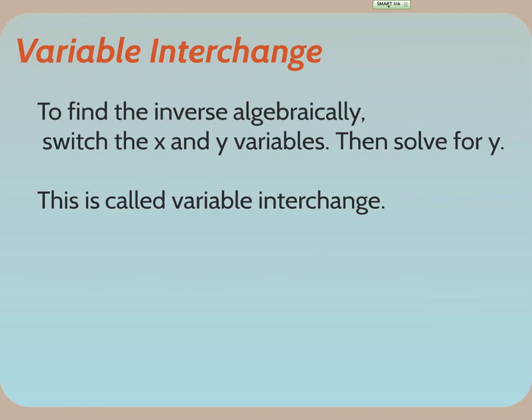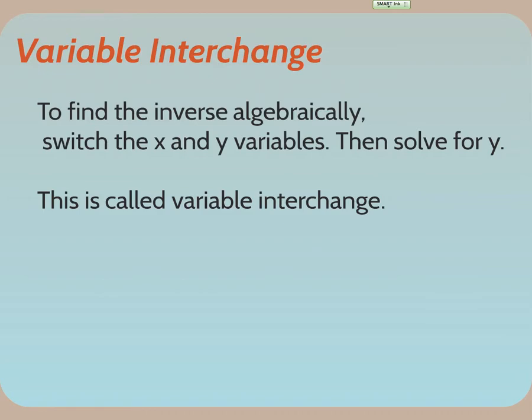I'm going to take it slow at first, just to show you my style so I don't skip any steps and I'm not rushing. And then I'm sure you'll find your own pace and what works for you. What we do is we put y in the x spots, all the x spots. If there's more than one, we put x in all the y spots. And then we solve for y. We'll have to get y by itself.